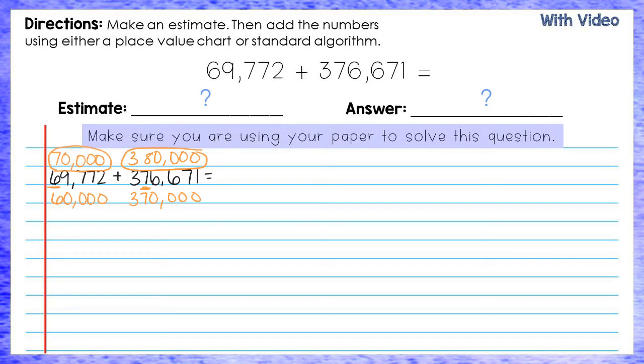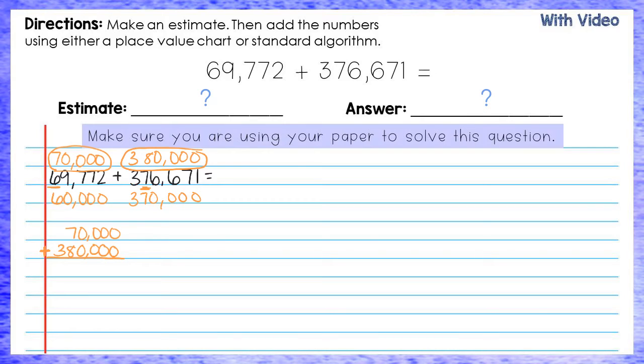So let's add these up. 70,000 plus 380,000, and I'm going to start in the ones place as I'm writing this so that I line up my numbers. And it's okay that our second number is larger because we're adding, and it doesn't matter what order we're adding them in.